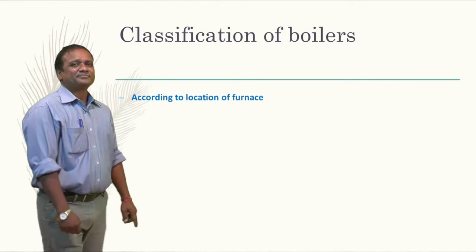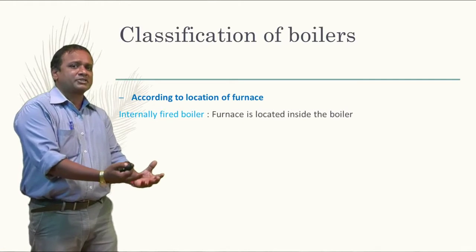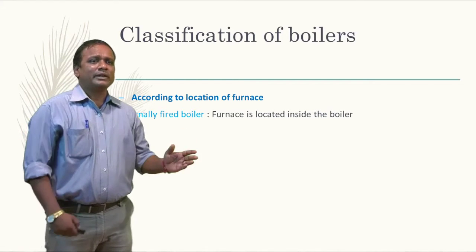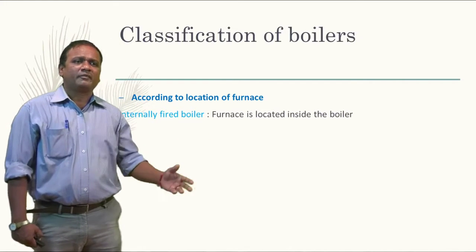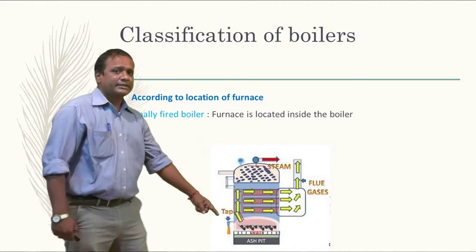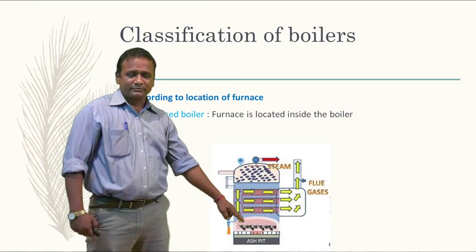Okay. Further, according to the location of the furnace, the furnace is the place where the combustion takes place, where the fuel burning takes place. One is the internally fired boiler, where the furnace is located inside the boiler, as you could see in this case. This is the whole boiler where the fire is located inside the boiler, right?